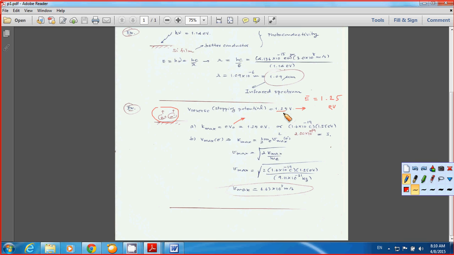Okay, you change from the voltage to the energy. So 1.25 is still there. You don't have to do anything, but the unit is going to be electron volt.